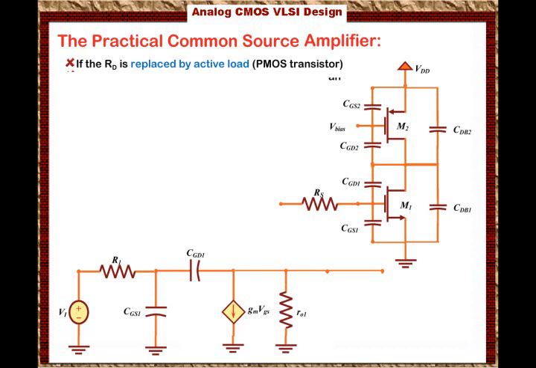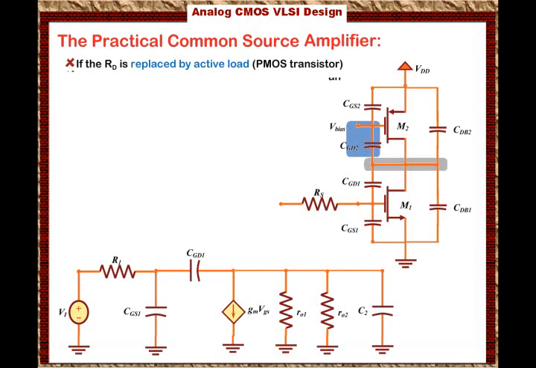We said that the equivalent resistance seen from the drain across M2 is RO2, but we also look at the equivalent capacitance. We're going to call it C2, which is looking at the drain. So at the output we look at an equivalent capacitance that goes from the drain to ground. If you are at the drain, you will see CGD2, the capacitance from the gate to the drain of M2, because the gate is biased, which means 0 AC, so the AC signal is connected to ground from the drain to the gate.